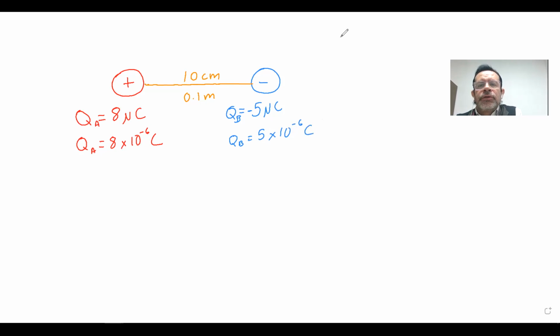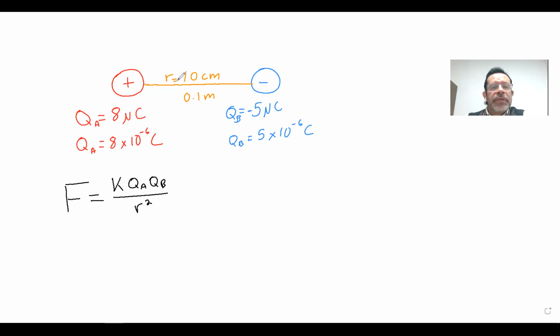And we are going to use Coulomb's law, okay? Coulomb's law says that the magnitude of the force acting between these two is going to be K multiplied by the magnitudes of the charges, QA and QB, divided by the square of the distance.